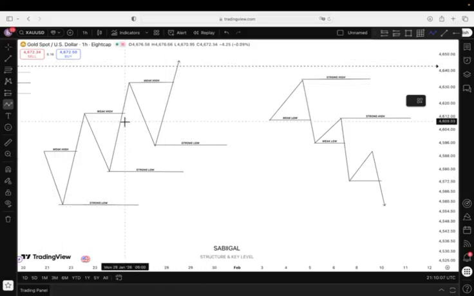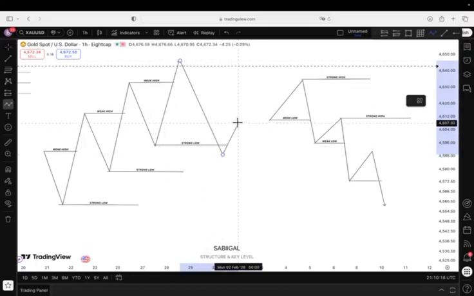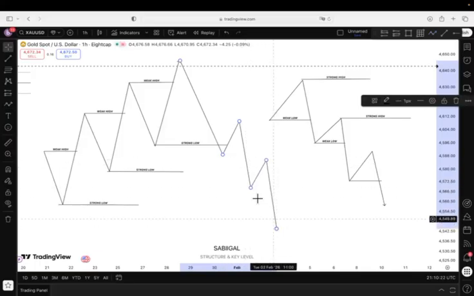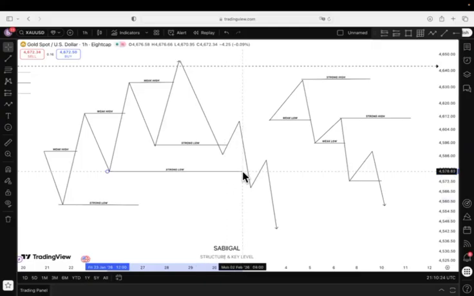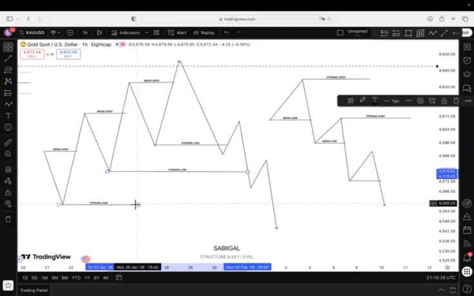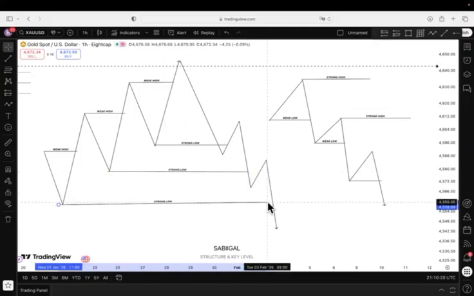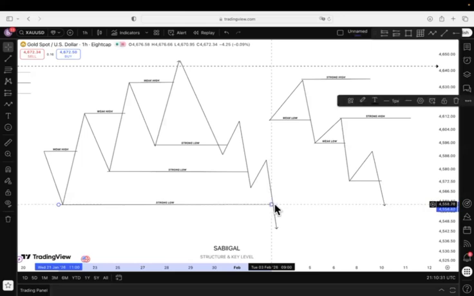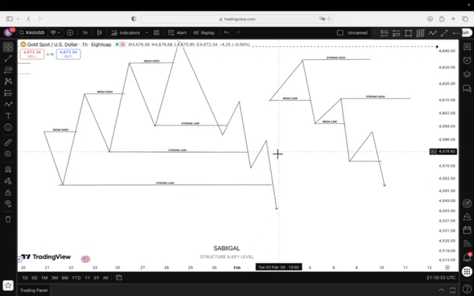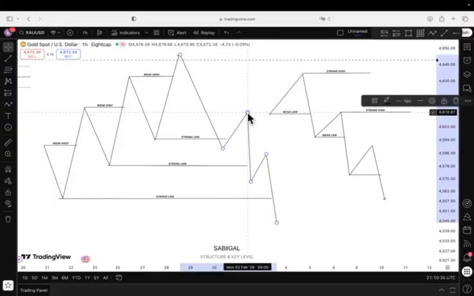In the basic, after one strong low gets taken out, price has to continue in this direction.